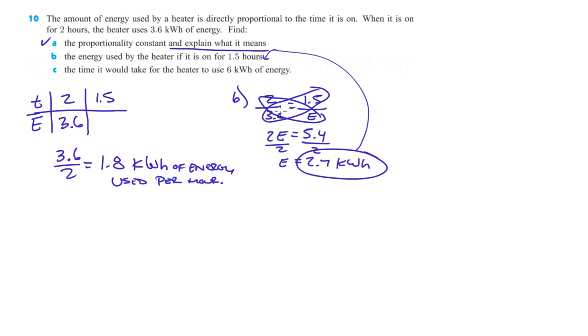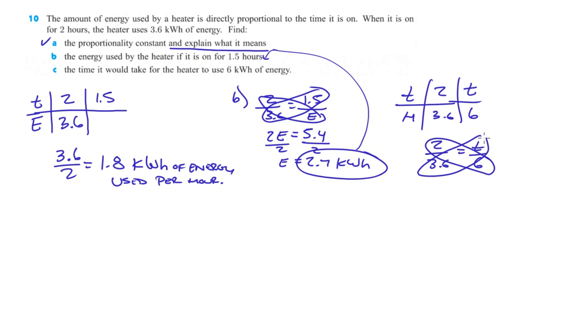Right there. Okay. What would be the time it would take for the heater to use 6 kilowatts of energy? So again, we still have the same setup here, because 2 and 3.6. And then they're saying the time it would take for the heater to use 6 kilowatts of energy. So 6, and then that's going to be T, right? So 2 over 3.6 equals T over 6. Cross multiply and divide.